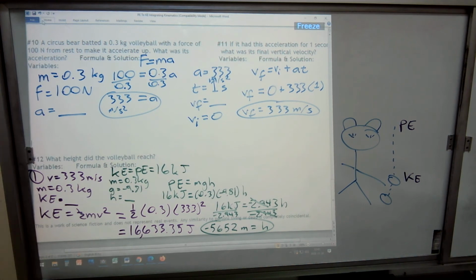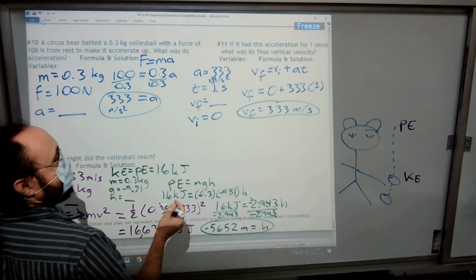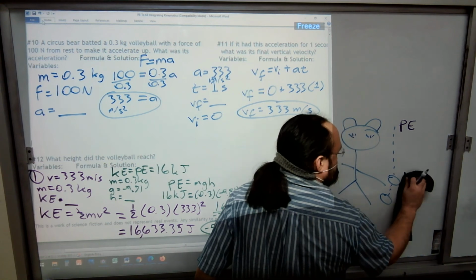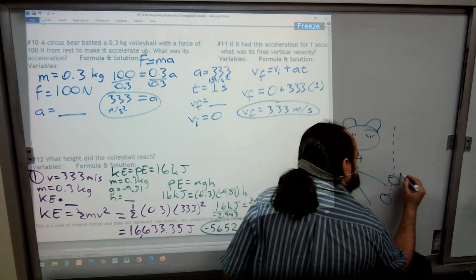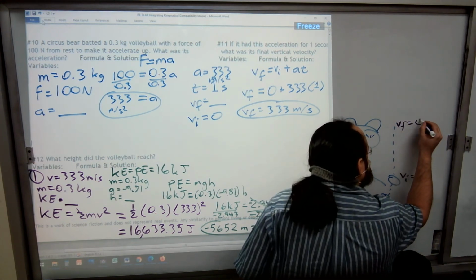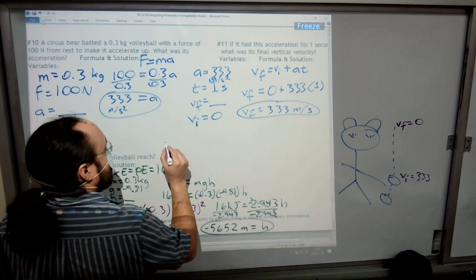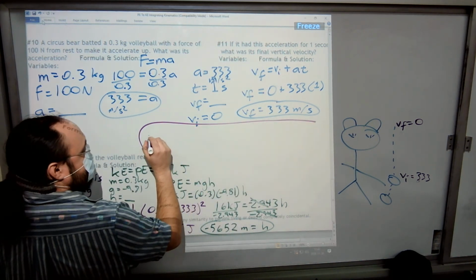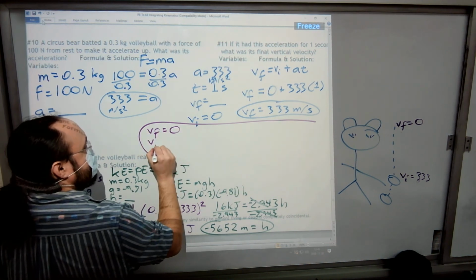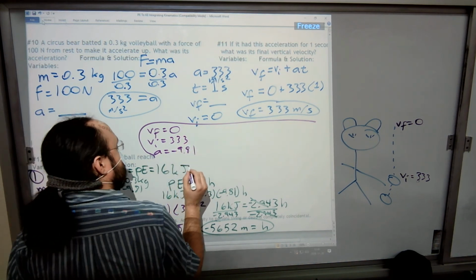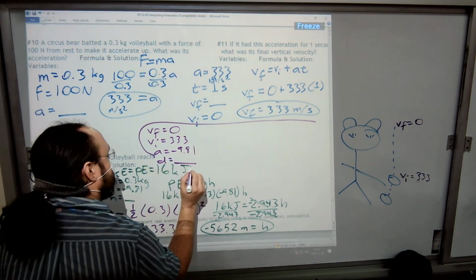There is another way. We could use kinematics to figure it out. Instead of using PE and KE, we could say its initial velocity down here is 333, and its final velocity up here is 0. Final velocity is 0, initial velocity is 333, acceleration is negative 9.81, and we're looking for how high it went.